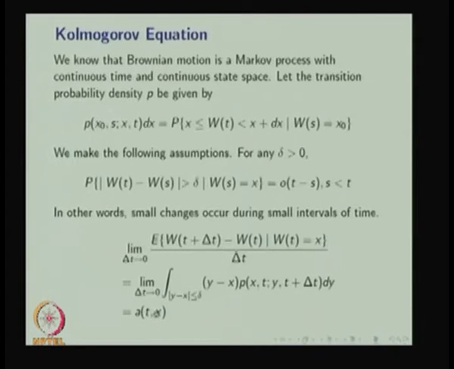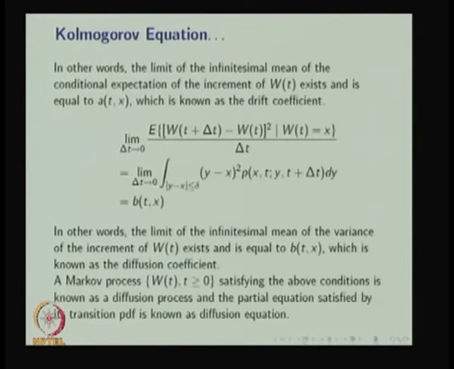Similarly, the conditional expectation of the square of the increment given that Wt is equal to x, we denote as b of t comma x. In other words, the limit of the infinitesimal variance of the increment of Wt exists and is equal to b of t comma x, which is known as the diffusion coefficient.